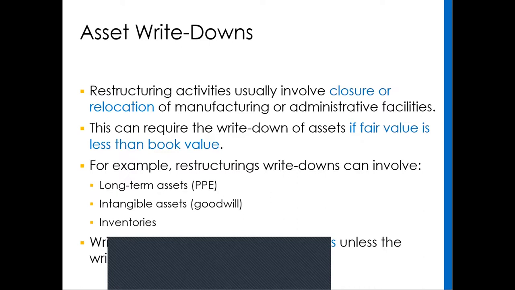So restructuring write-downs can involve long-term assets, property, plant, equipment, intangibles. Goodwill is normally not amortized, but we may have to impair the goodwill and pull it down. And then inventories.